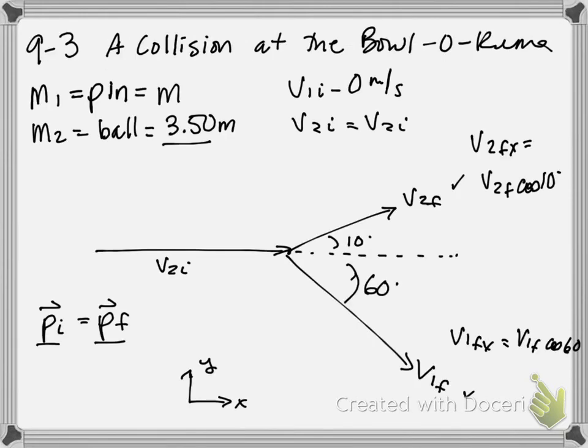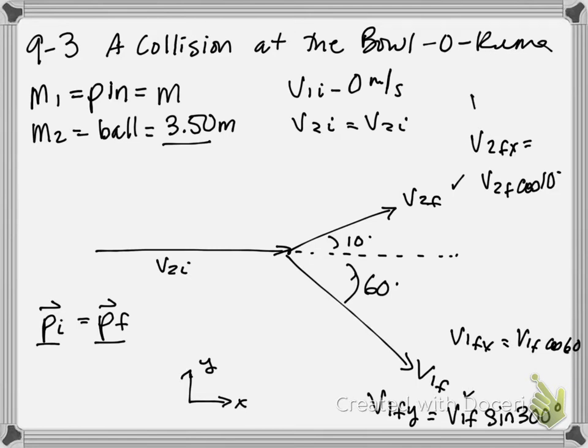Okay, now I need the y component of V1, which is going to be V1F sine of 60 degrees. Actually, if we're going to use a full 360 here, that's the sine of 300 degrees, because we need to make sure we get a negative sign there because the y component there is negative.